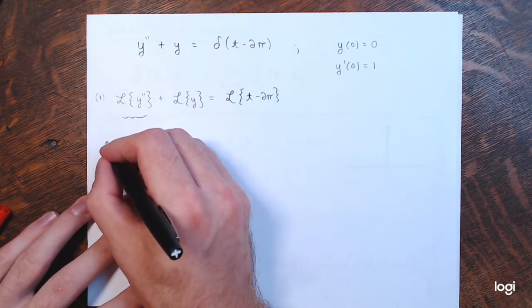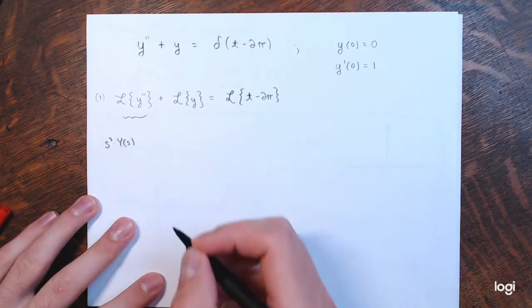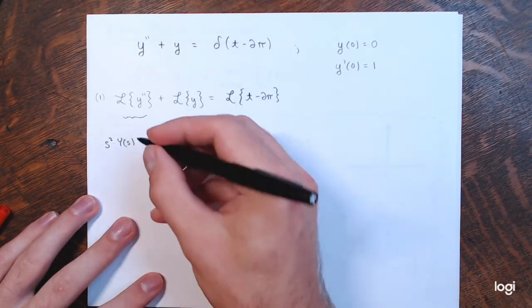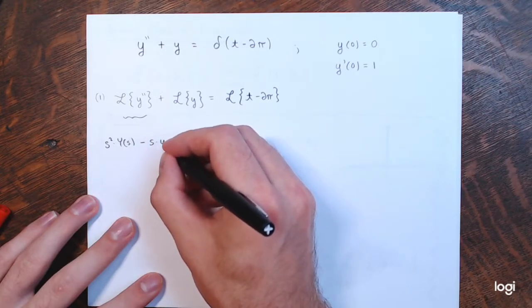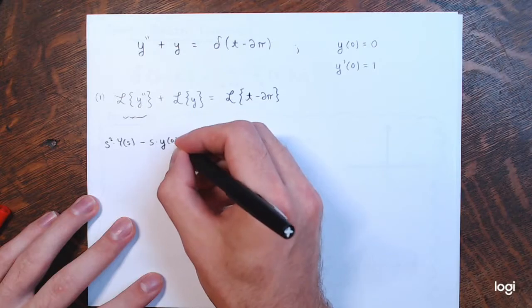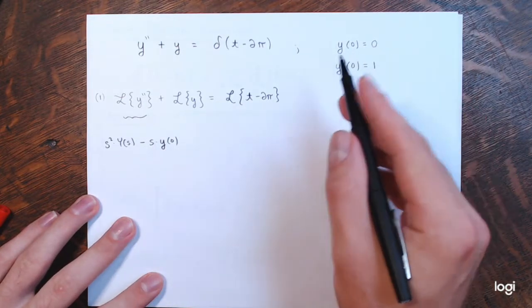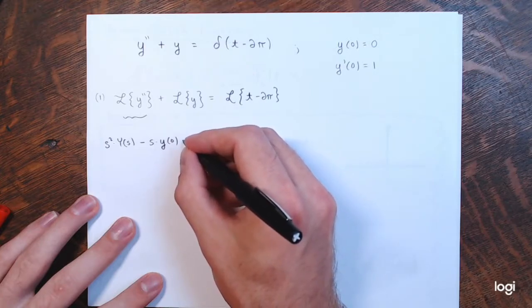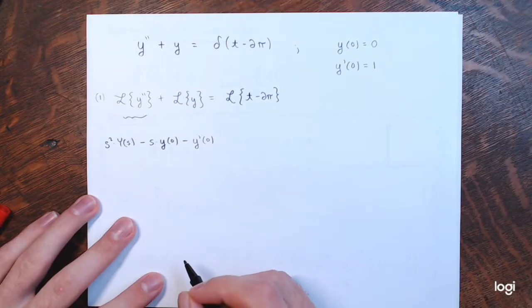This would be s squared times y of s, where y of s is the Laplace transform of little y, minus s times y of 0, which is going to be nothing, minus y prime of 0, which is going to be 1.